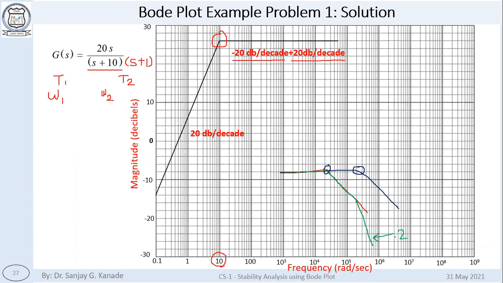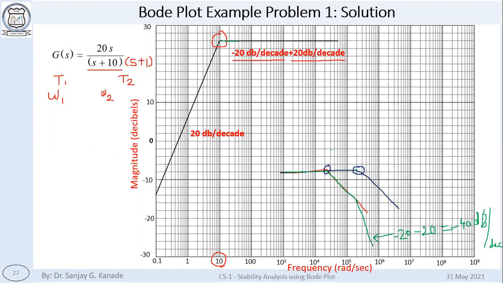So this will be a minus 40 dB per decade line after the higher corner frequency. After the higher corner frequency, there are contributions from both the corner frequencies. Like here we have seen after this corner frequency, the contribution was opposite, minus 20 and plus 20. That's why that got negated, right? It became 0.